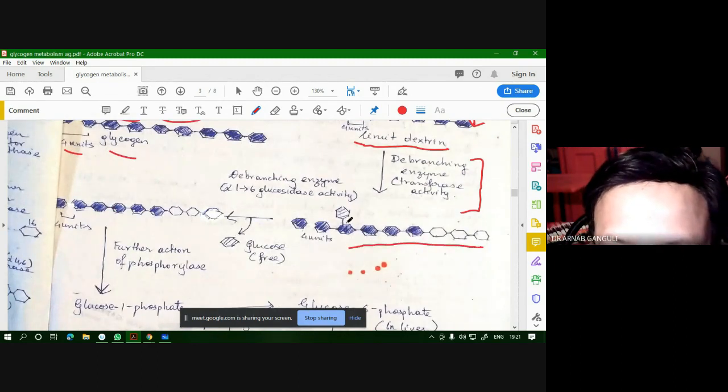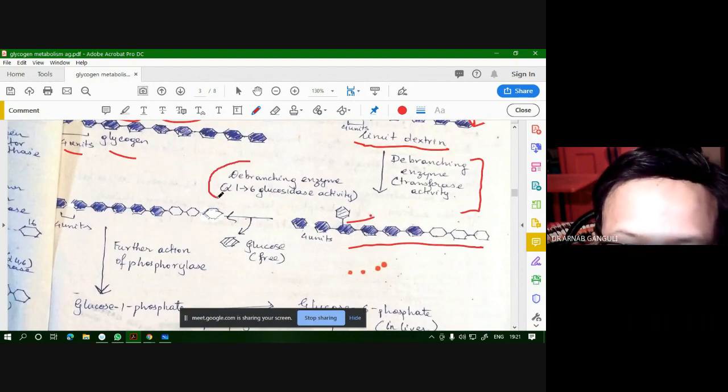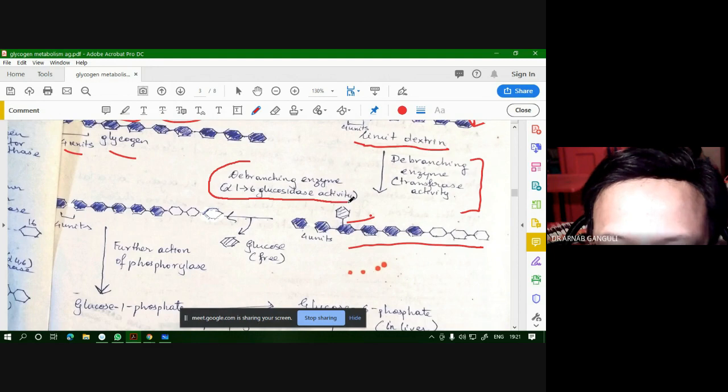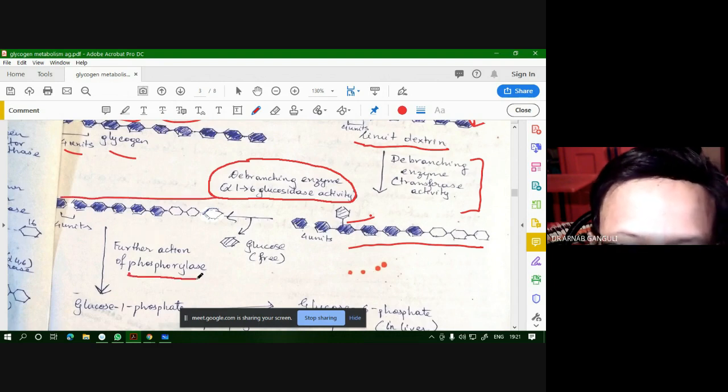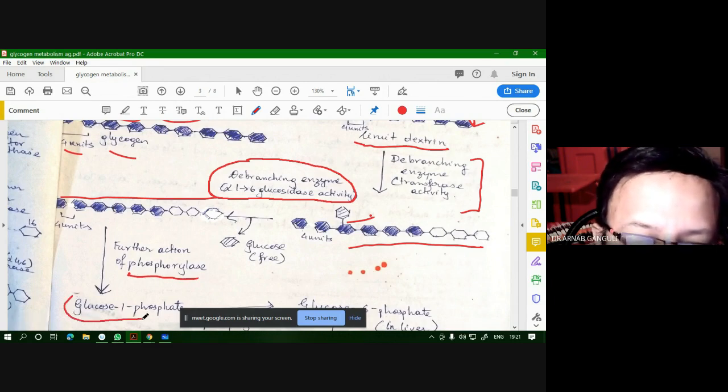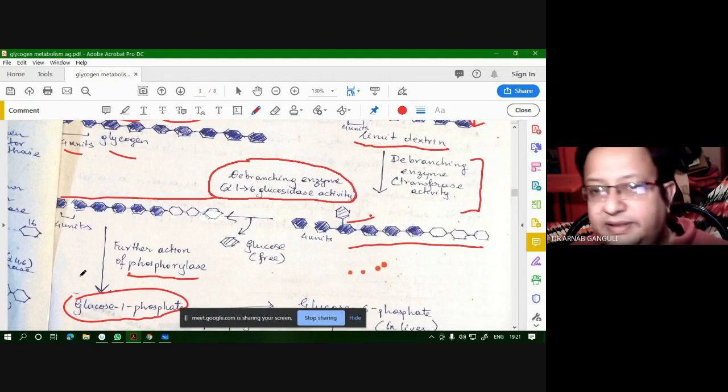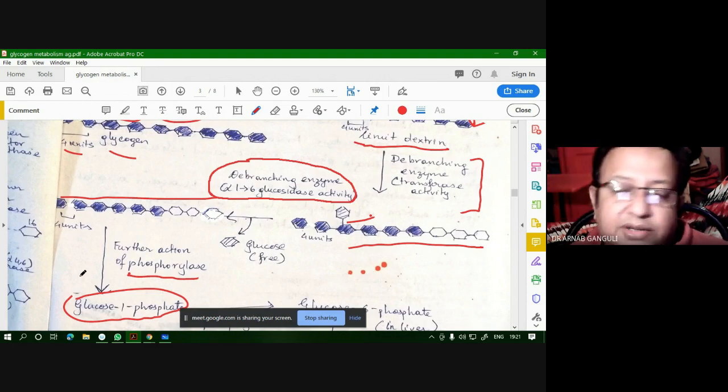The branch point still exists. Then this debranching enzyme has got alpha 1 to 6 glucosidase activity and it removes the glucose. And this becomes a straight chain again. Again, glycogen phosphorylase breaks it into glucose 1-phosphate. So this is how glycogen is broken down.